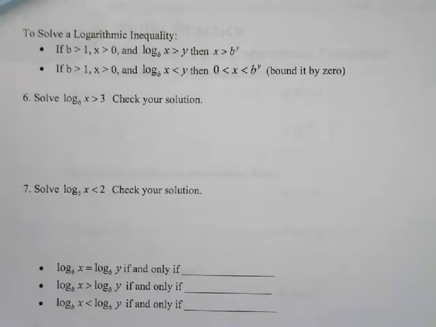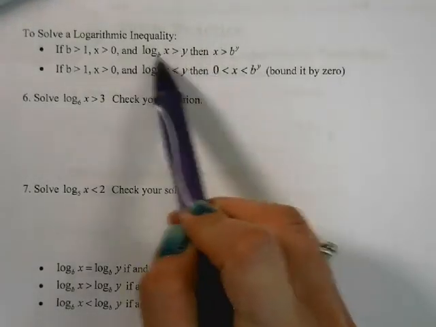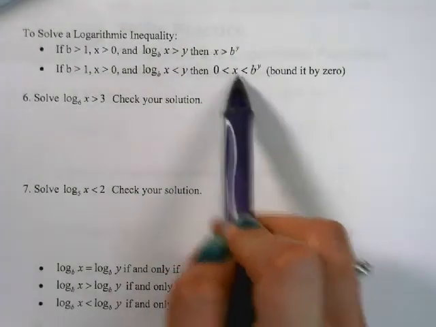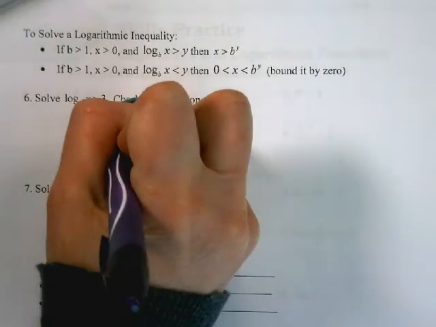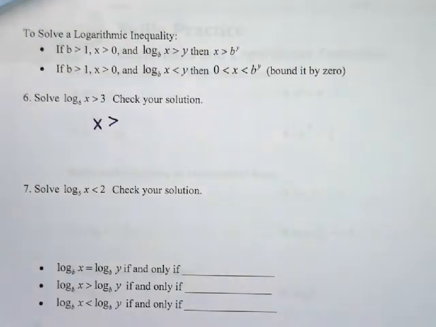All right, so number 6 says solve log base 6 of x is greater than 3. If you notice, both of these started out with x. So let's go ahead and put our x with the symbol that they gave us. So x is greater than, and then it looks like they changed forms, which essentially they did.